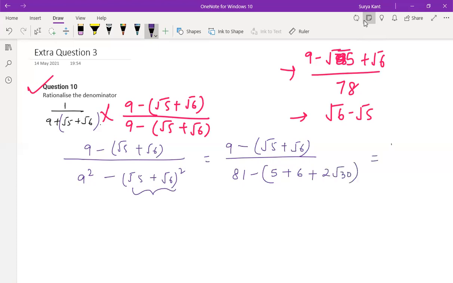Understood how it came? It is root 5 square plus root 6 square, and then 2ab, 2 into root 5 into root 6, that is 2 root 30. So 81 minus 11 plus 2 root 30.